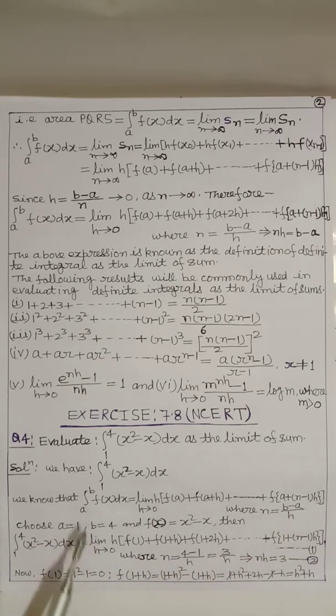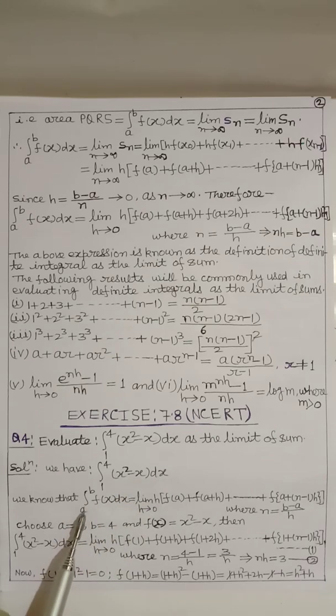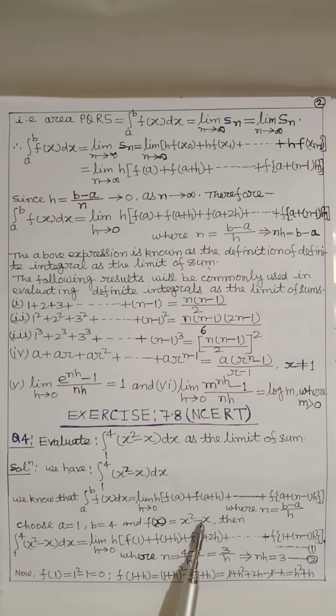Dear students, we compare integration of 1 to 4 x square minus x dx with integration of a to b f(x) dx. We get a is equal to 1, b is equal to 4, and f(x) is equal to x square minus x.